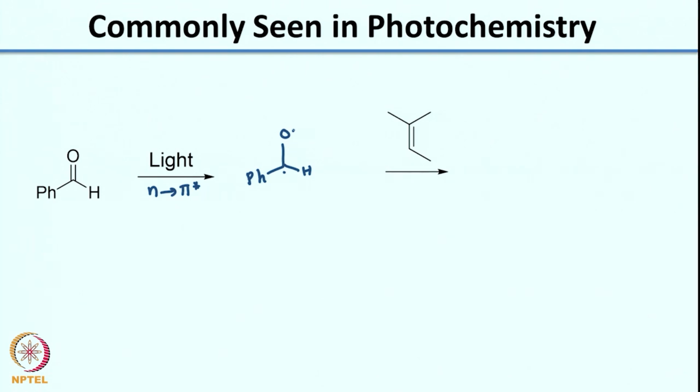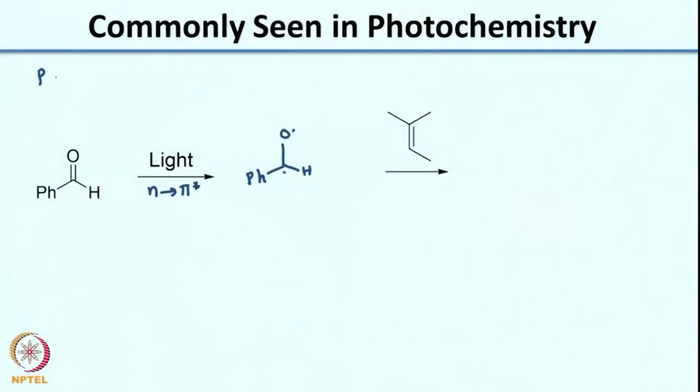Now, once you generate this biradical, similar to the examples I had shown earlier, you can draw mechanisms of this pi radical interacting with say another pi bond, and this is a named reaction. It is actually called the Paterno-Buchi reaction.